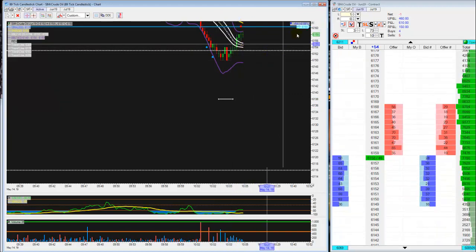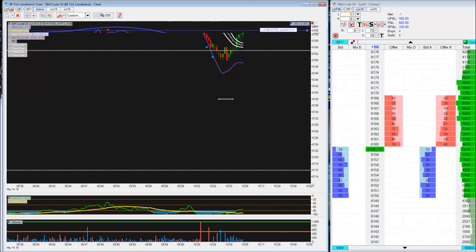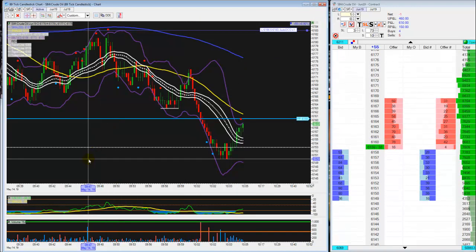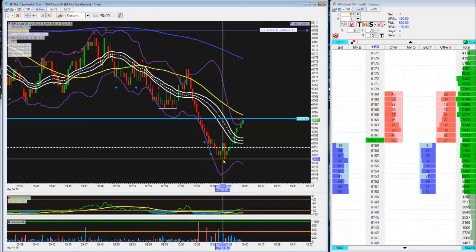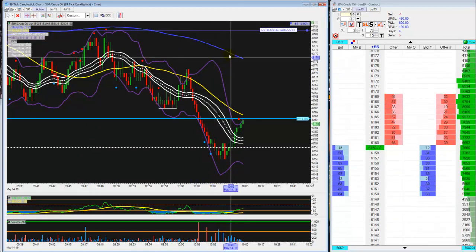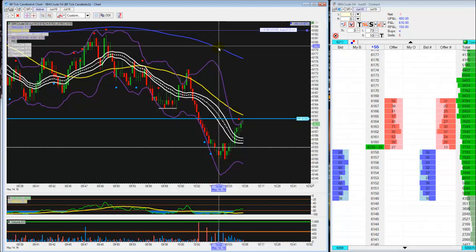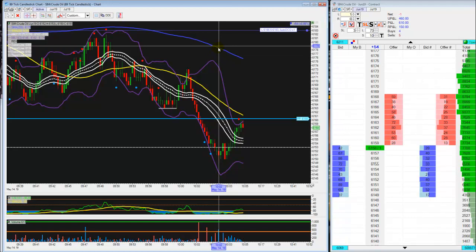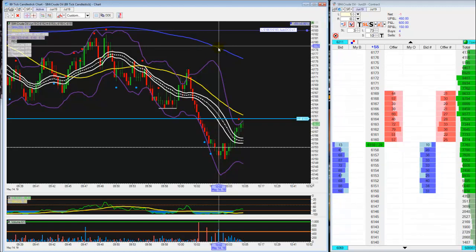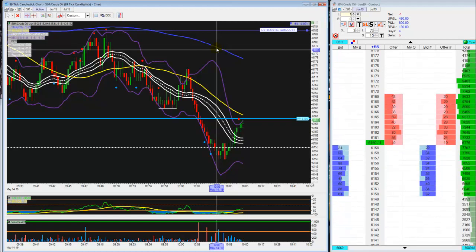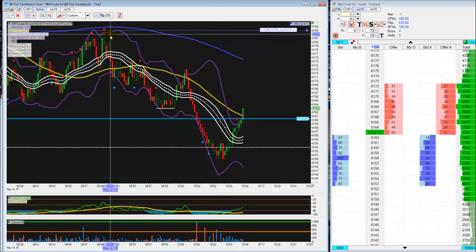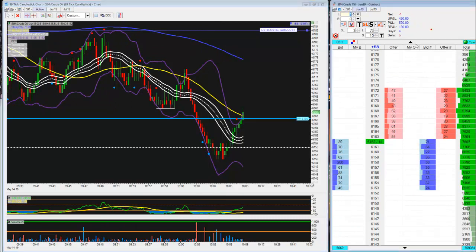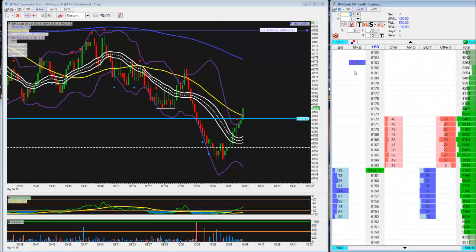If we come above pivot at all. All right, I really don't want to see 81 now.